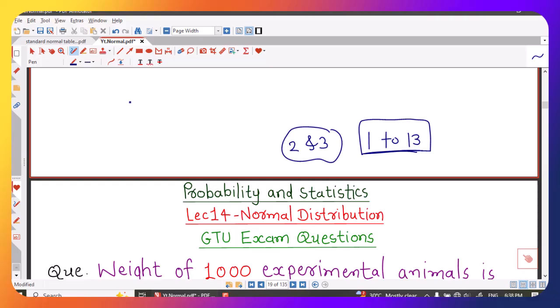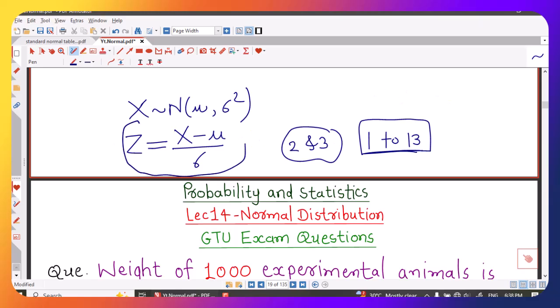And we also recall that if X is a normal random variable with mean mu and variance sigma square, then Z equal to X minus mu over sigma is a standard normal random variable, and probability tables for normal distribution give us the probabilities which are related to this standard normal random variable.